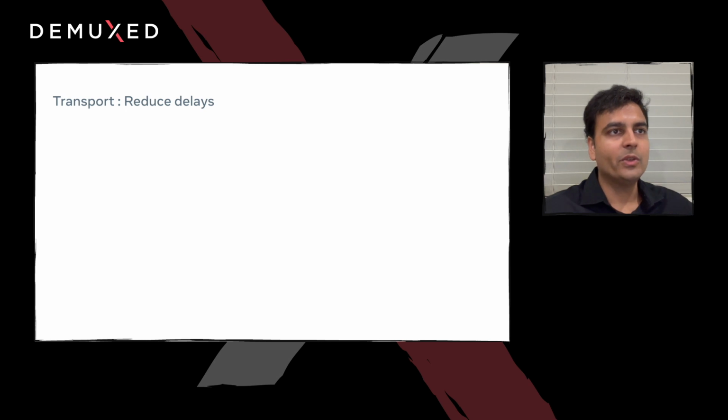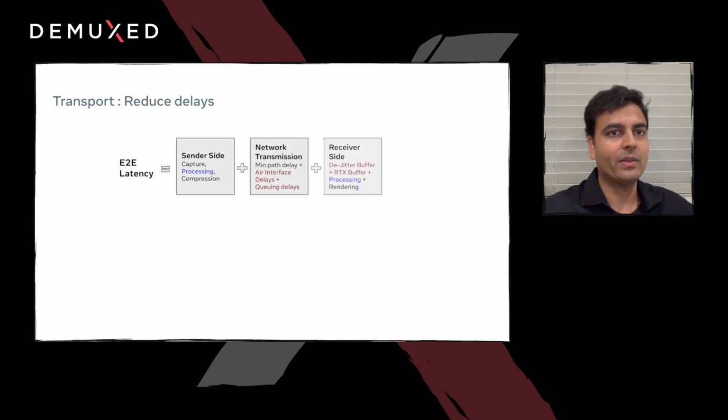One challenge is reducing end-to-end delays. End-to-end latency comprises sender-side latency, network transmission delay, and receiver-side latency. Processing of 3D data incurs a non-trivial latency, which puts a lot of pressure on the rest of the pipeline in terms of having less latency budget to work with.